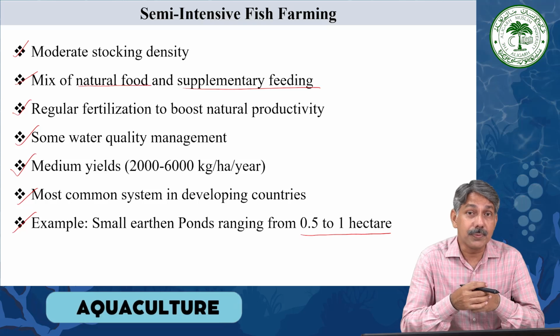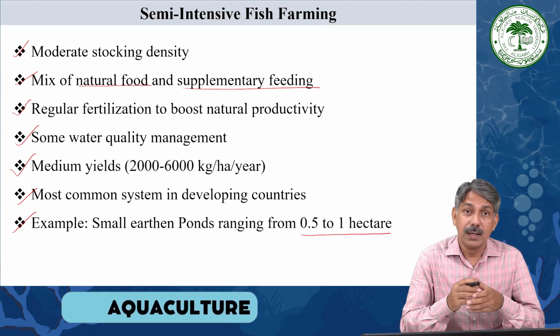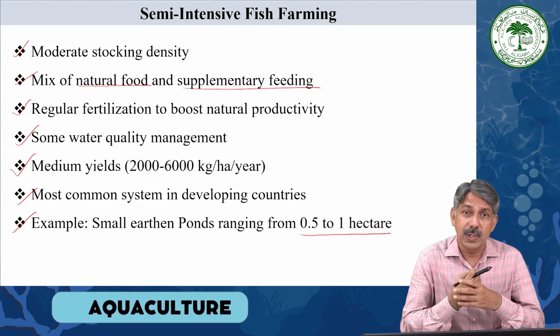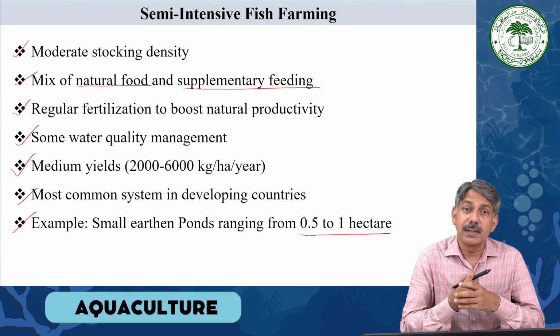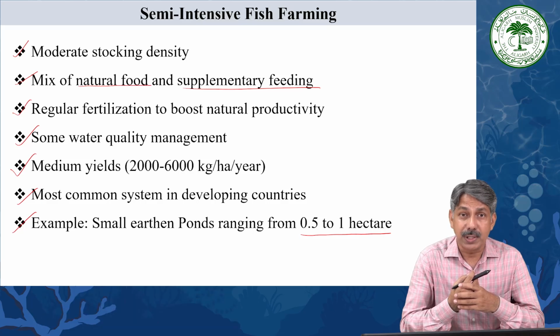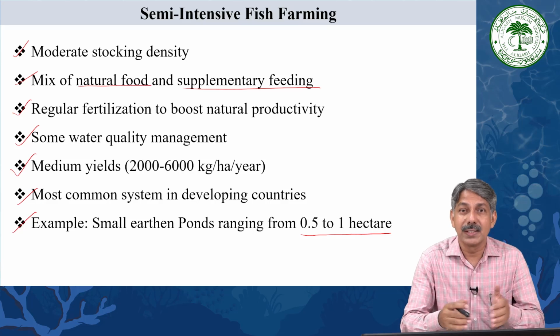In fact, there are many unutilized water bodies, maybe bigger than this, even very large ones, with no fish or aquatic organism production. You can utilize them if it is possible to manage that water body.